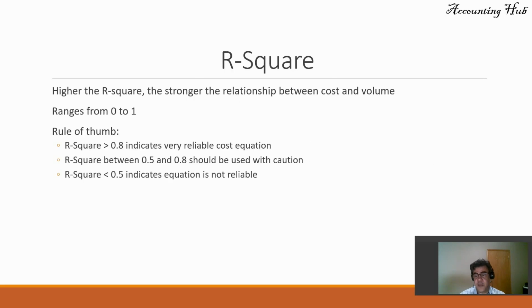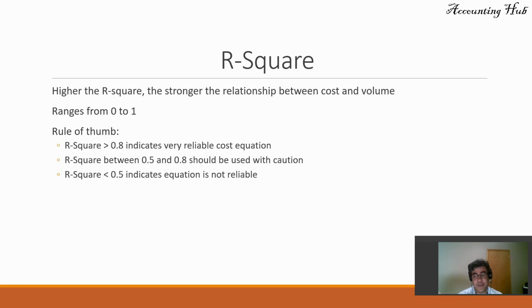And then before we move to our Excel file, what is the R square? How do we interpret it? How do we read it? The higher the R square, the stronger the relationship between cost and volume. It ranges from 0 to 1.